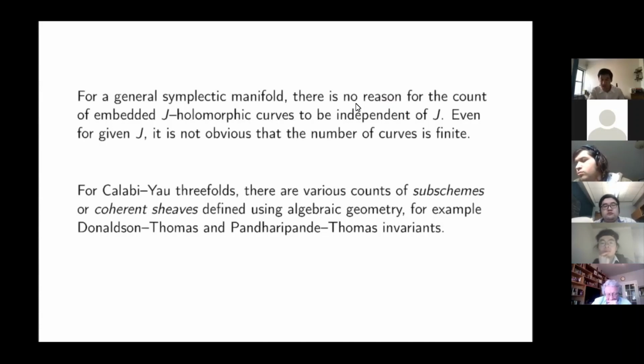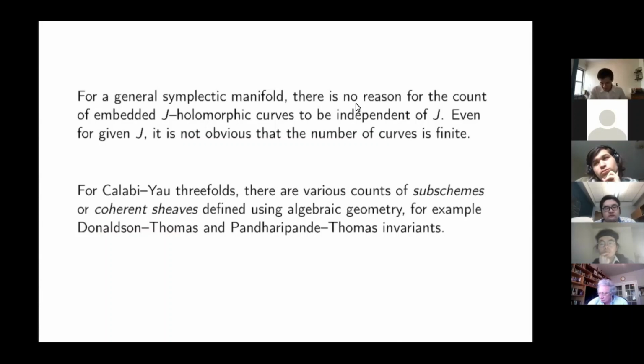Now, this case of Calabi-Yau threefolds is particularly nice because the index formula tells us that all moduli spaces are zero-dimensional. So that's a very special case. And indeed, for Calabi-Yau threefolds, we know that there exist various invariants defined using algebraic geometry, which in some sense count embedded objects rather than maps. These objects could be, for example, one-dimensional subschemes, as is the case in Donaldson-Thomas theory, or certain sheaves with sections, as in the case of Pandharipande-Thomas theory.